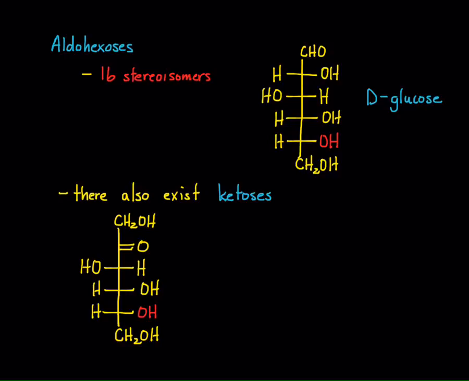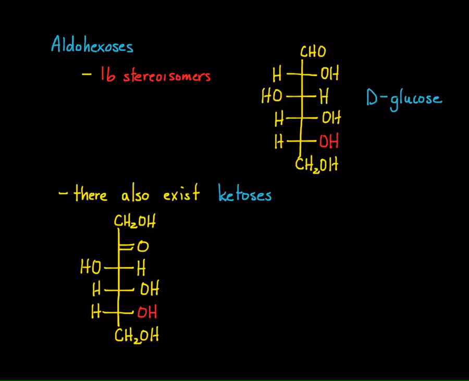but in this situation, the C2 carbon is the oxidized carbon, and it's a ketone. So we have a CH2OH at the top, and then we have a ketone, followed by now only 3 stereogenic centers. So ketoses with the same number of carbons have fewer stereogenic centers than aldoses do.